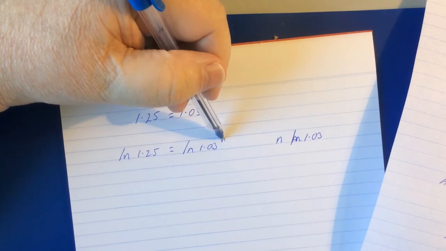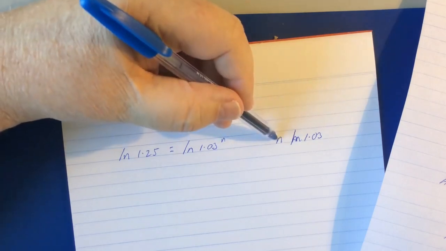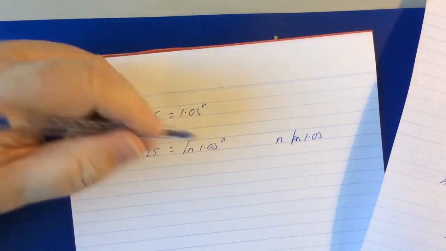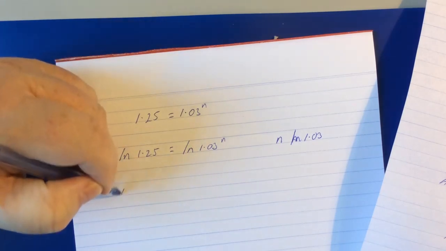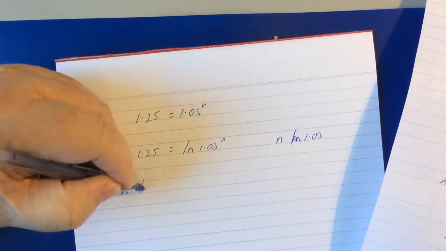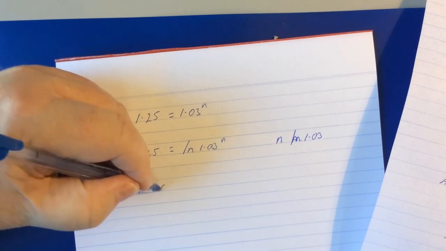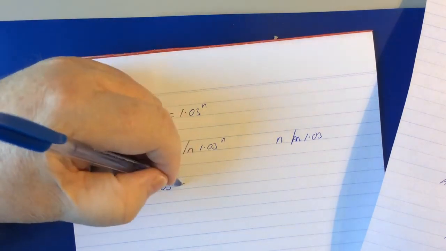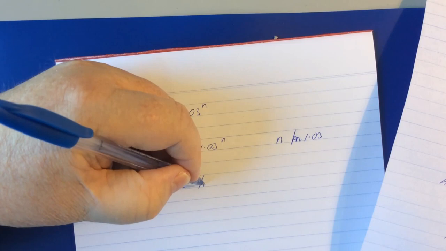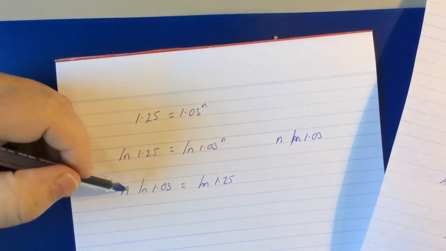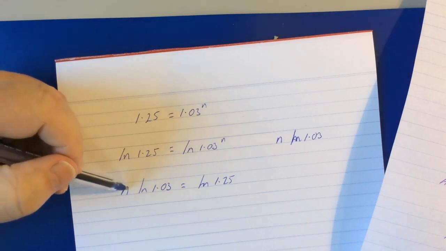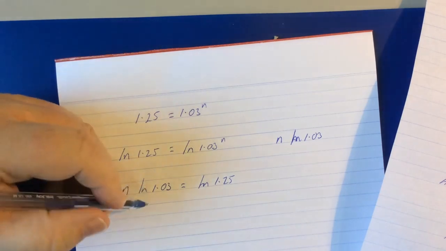We can move this exponent down here, and we can make this into a simple multiplication. So if we tidy this up, just so that we can put it in a form that is easy to work with, we can isolate this.